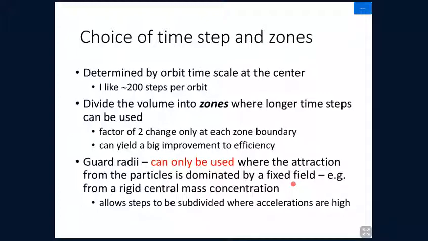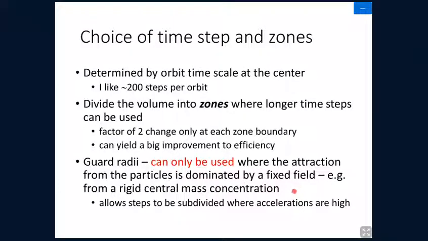But you can only do that provided that the attraction from the particles is a negligible or small part of the total field. If the attraction from the particles is large, then you're doing the calculation incorrectly, and you should really be using a shorter overall time step in the simulation.